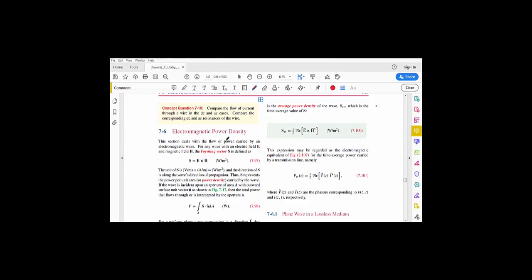Hello guys, in this part we will try to explain how we could calculate, determine, or estimate the power carried by an electromagnetic wave which is already in a propagation situation.